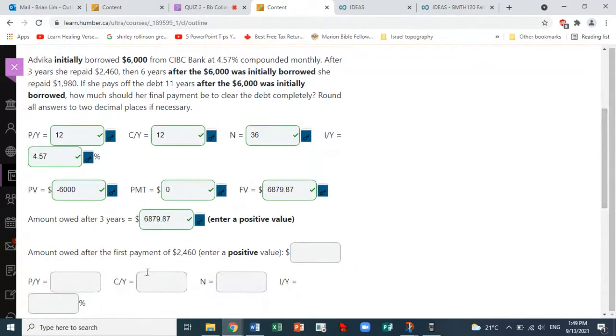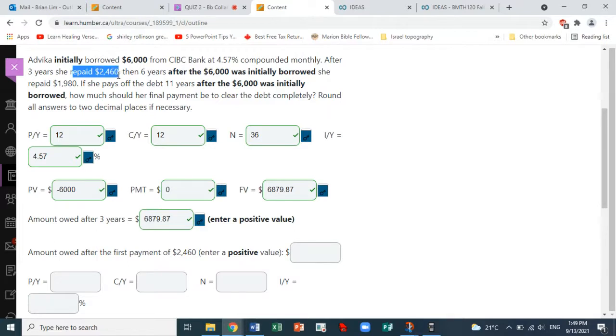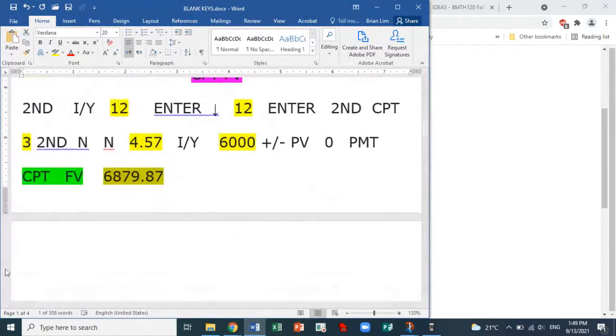Okay, now, the amount owed after the first payment. After the first payment, she repaid $2,460. So let's go back here and do that computation right here.